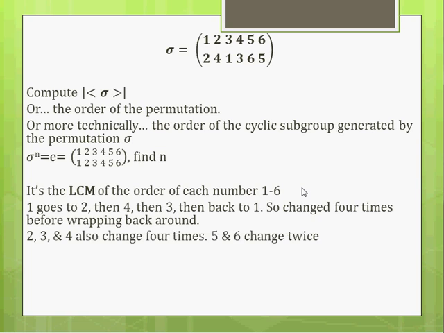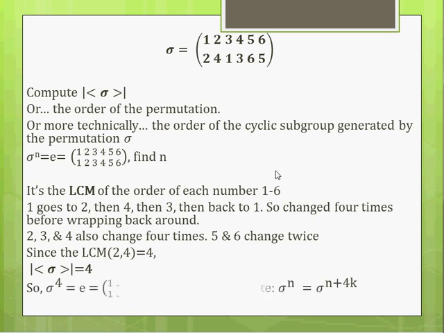So what we're doing is taking the LCM between 2 and 4, which is 4. So the order of this permutation is 4. It's kind of cool, right? You have to admit it. Can't deny it.